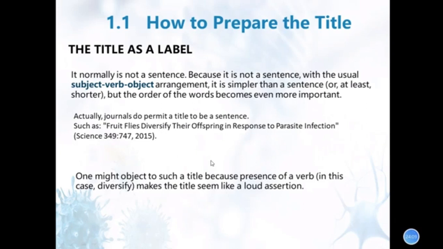It's okay. One might object to such a title because of the presence of a verb, in this case "diversify", but in most cases it is okay. Is it a good title? Yes, it is.